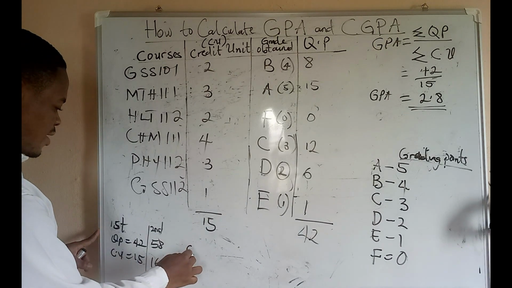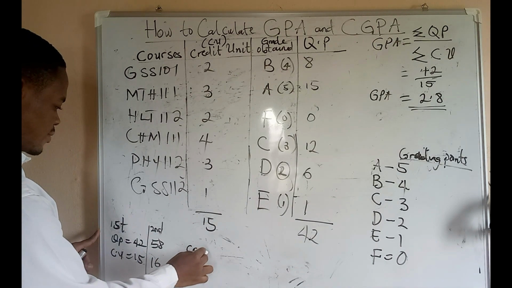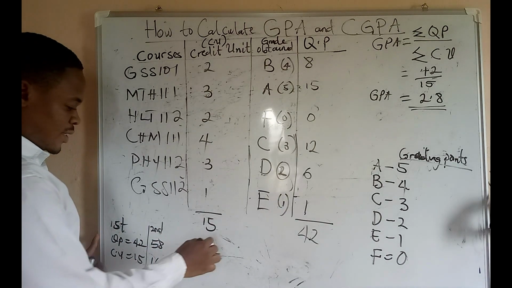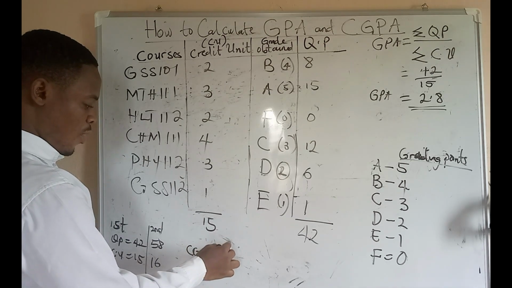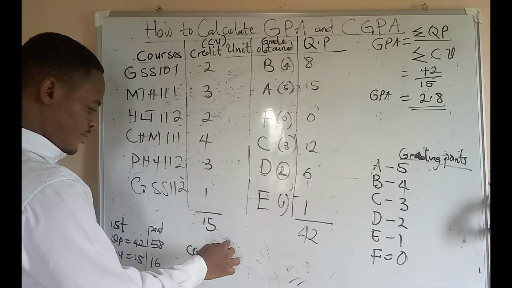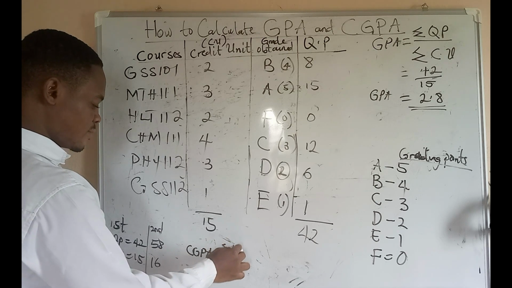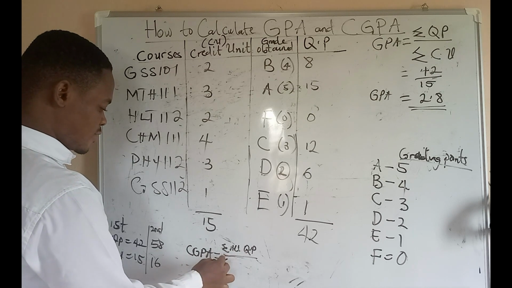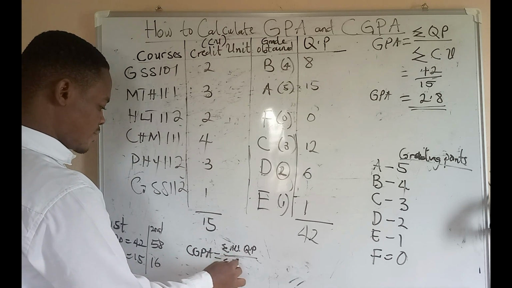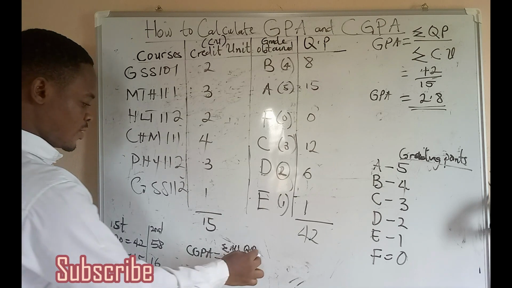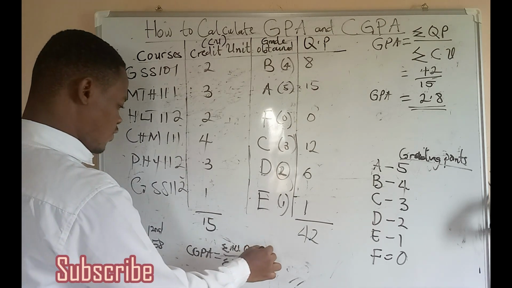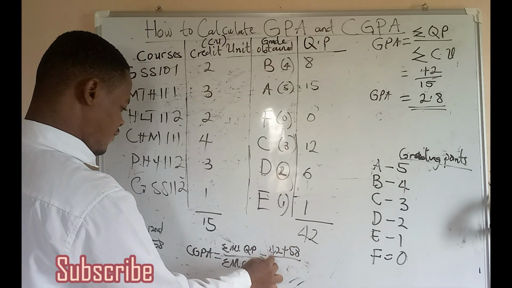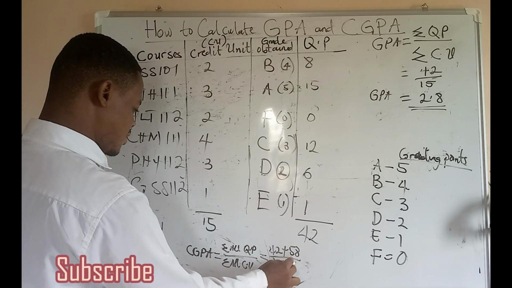Now, the CGPA is going to be the sum of all quality points, all over the sum of all CUs, credit units, which is equal to 42 plus 58 all over 15 plus 16.